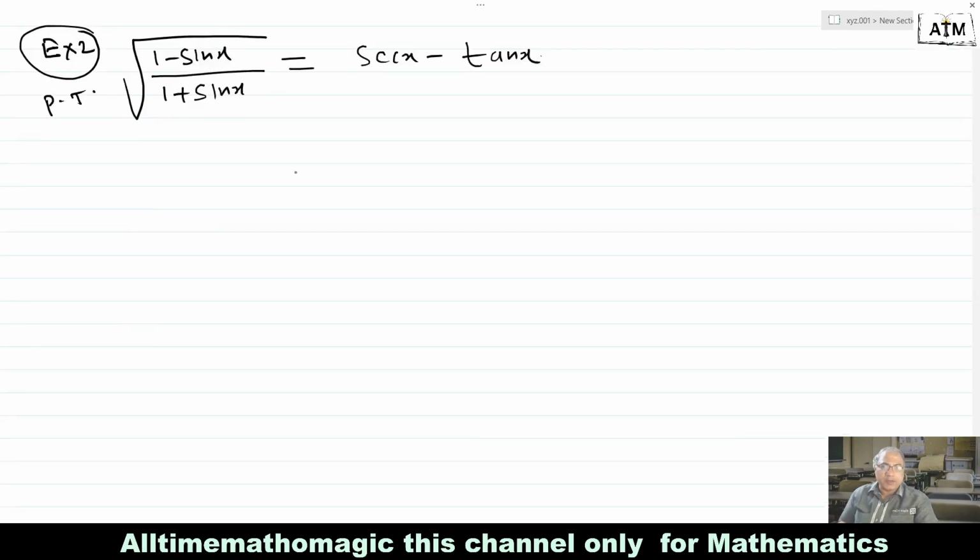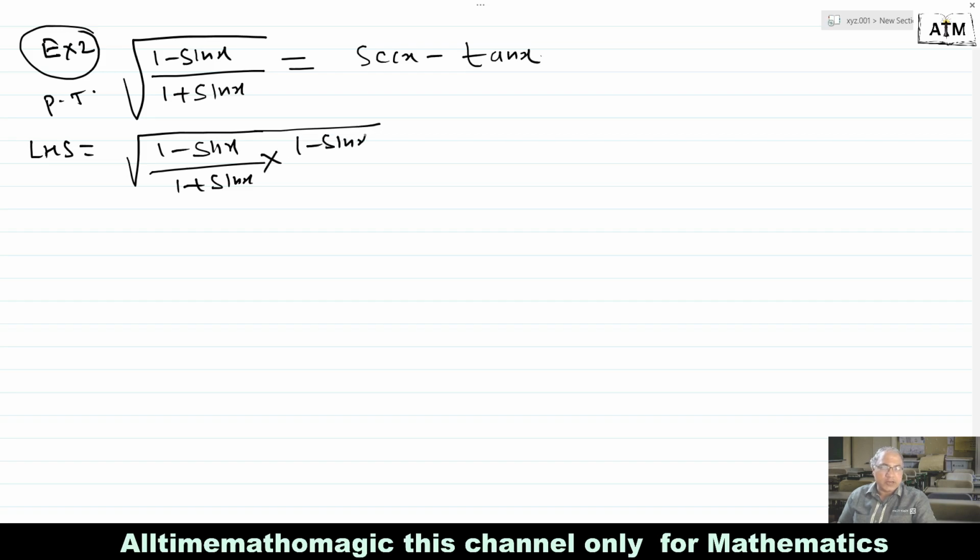Second example, prove that under root of 1 minus sin x upon 1 plus sin x equals sec x minus tan x. Taking LHS, now in this case we multiply both numerator and denominator by 1 minus sin x.